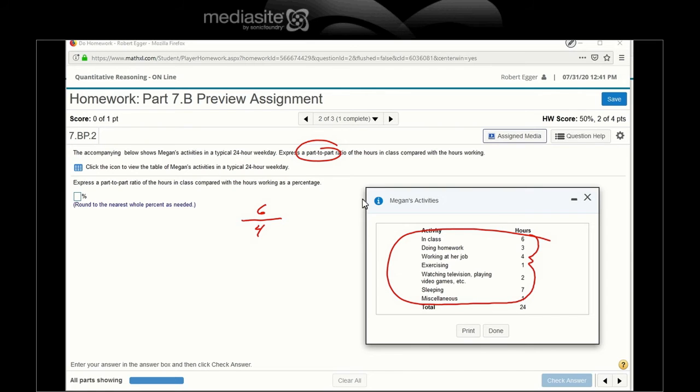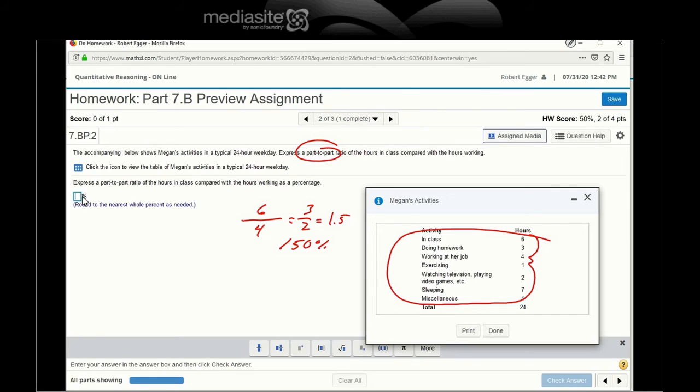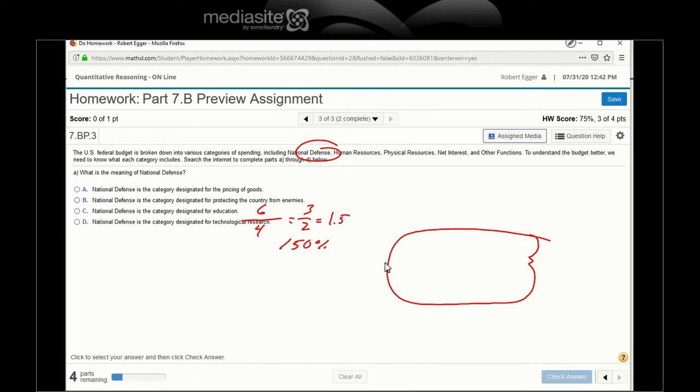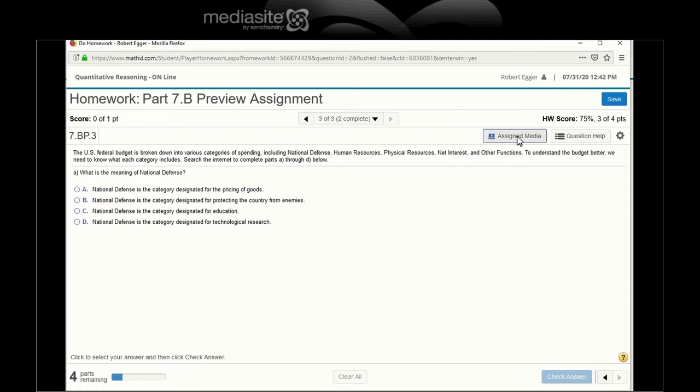So 6 hours in class compared to 4 hours on a job, which is 1.5, times 100, 150%.